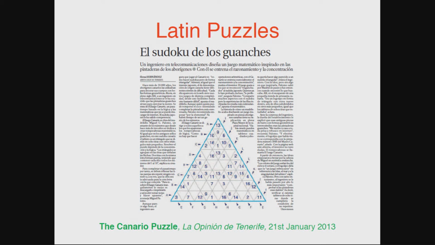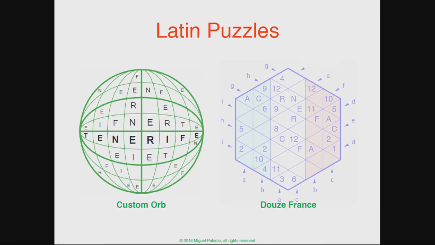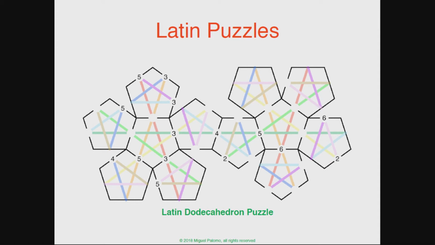Here you have an example that was featured in the Spanish press with the symmetry of the equilateral triangle. More examples here. Still more examples. And of course, we can also use the symmetries of regular polyhedra.